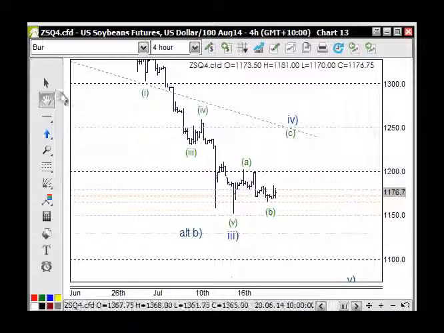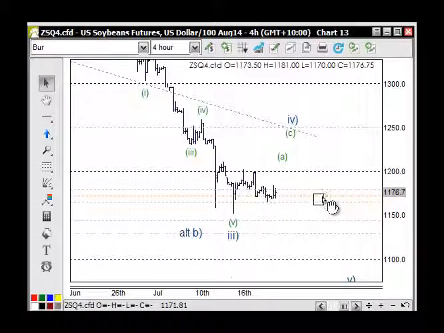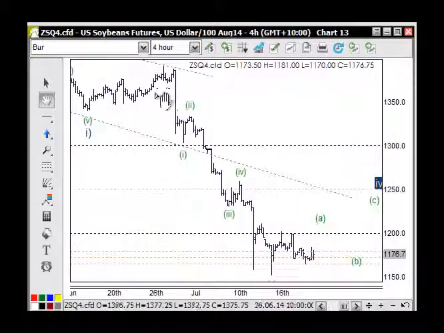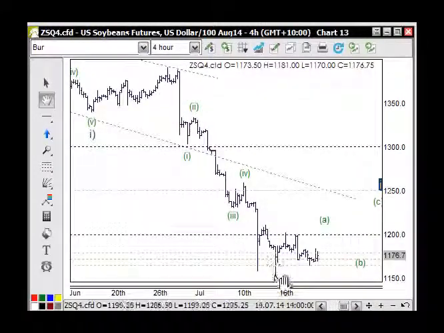Probably may be the case, but I think we also need to take into consideration that all of this is just the A wave, and we're looking for a B wave back here and a C wave over here and wave 4 over here, something a little bit bigger, to compensate for this whole move through here. This is just too small at this stage.